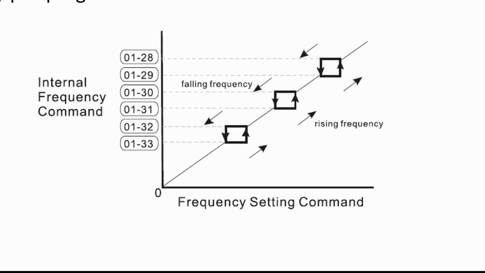This doesn't mean that the drive jumps directly from whichever frequency you set in 133 to the frequency in 132. It does go through that bandwidth. It just never actually stops at any particular frequency in this area. So you basically set a lower limit and an upper limit. And this function is sometimes combined with the PID function.